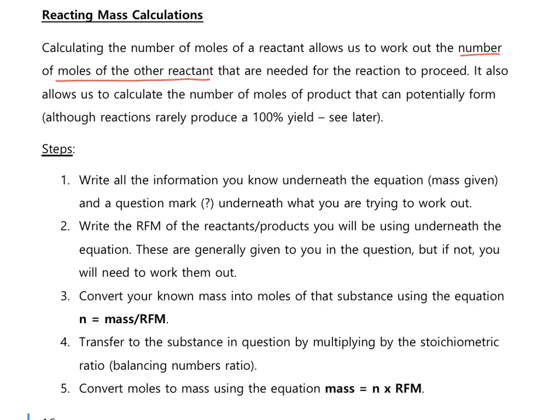But we can also calculate the number of moles of product that can potentially be formed. We don't always see a 100% conversion into products, what we would call 100% yield, but we'll see that later on. In these calculations, we're assuming that all of our reactants are converted into products.